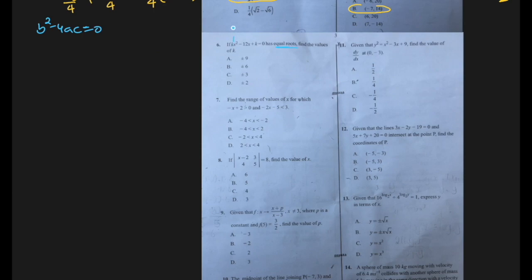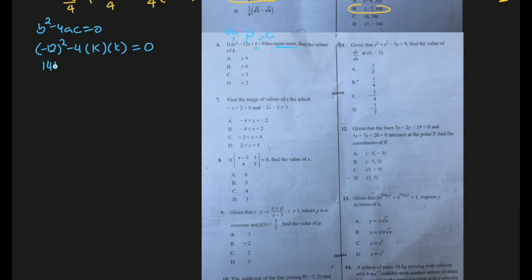So k here is a, minus 12 is b, and k here is c. So b is minus 12 square, minus 4 times a, which is k, and c is also k. We talk about the coefficients only, okay? In this case, this is the constant, so the constant is written here. And they said that it is equal to 0 because we have equal roots.